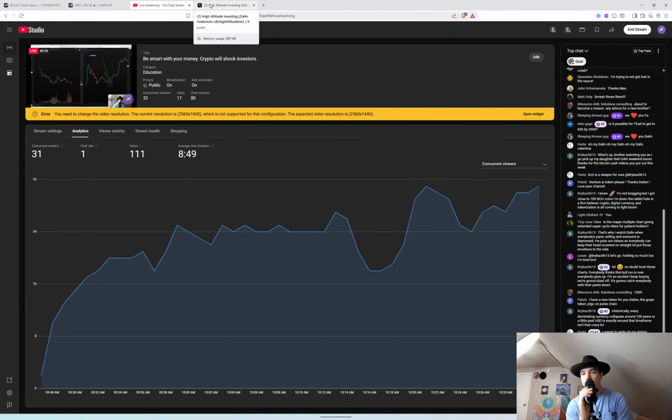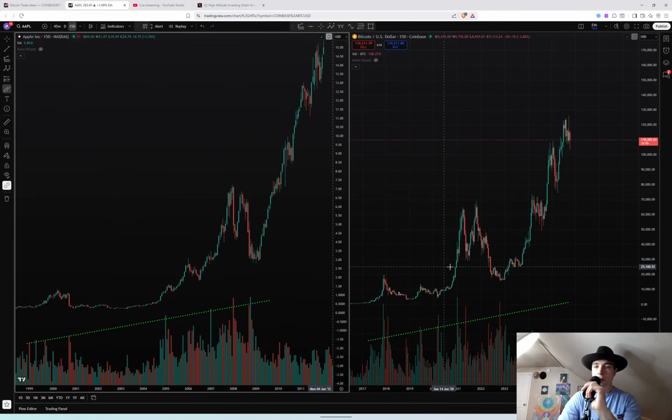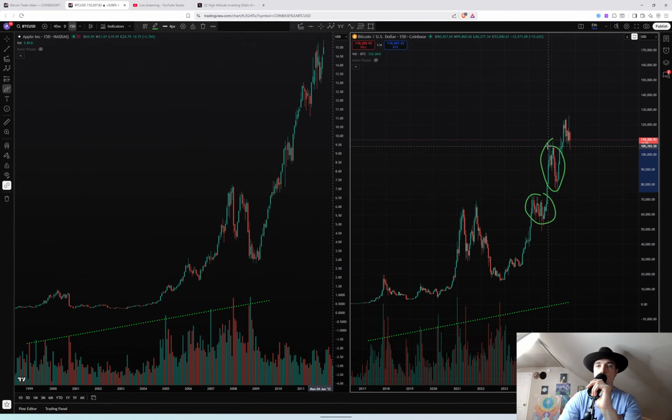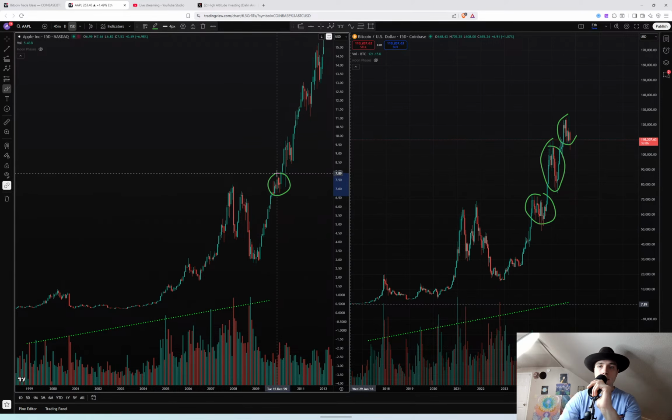Justin Landtrip says it looks even more bullish than Apple because those corrections are larger on the leg up post 2022. Let's see here. Oh, I see what you're saying. These corrections right here are bigger than they were right here. Yeah, they are bigger.